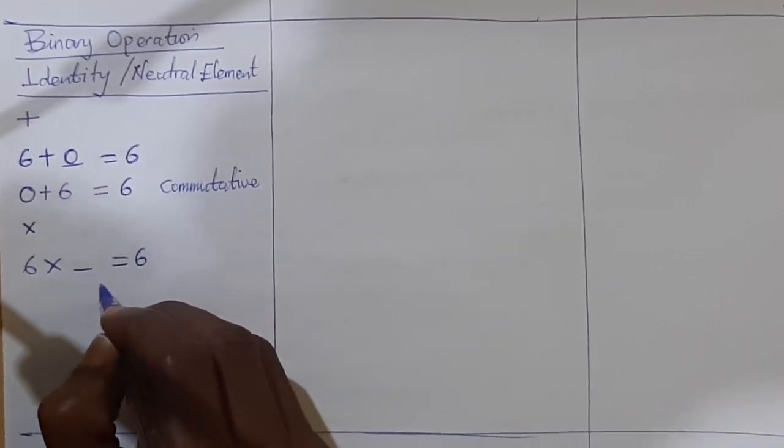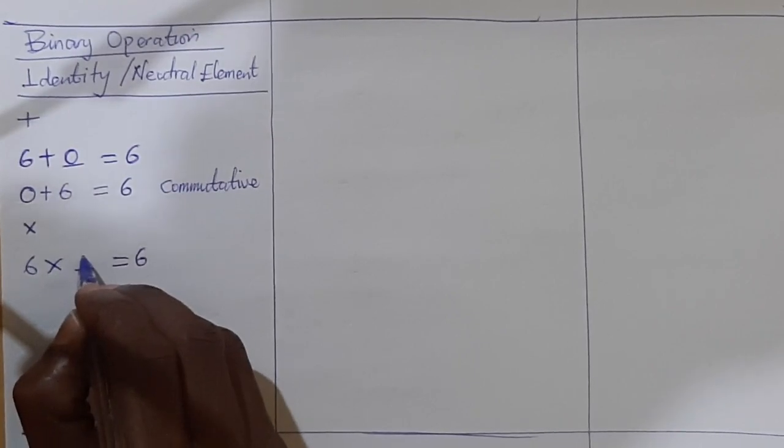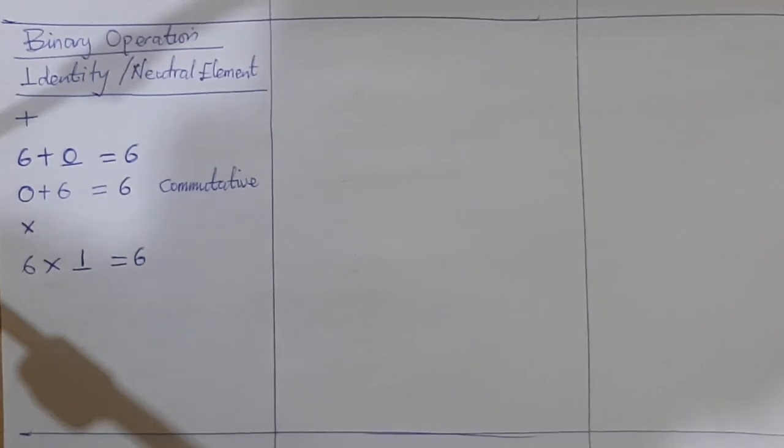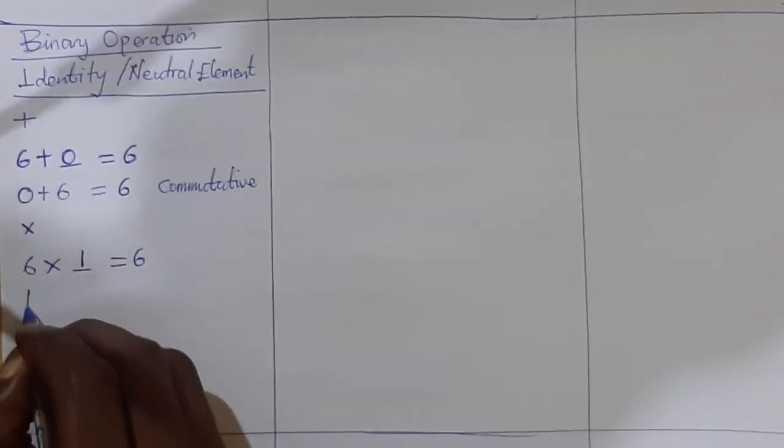If we are thinking correctly, it means the missing number is 1. We can also say that 1 times 6 is equal to 6. And the same property applies here, commutative.